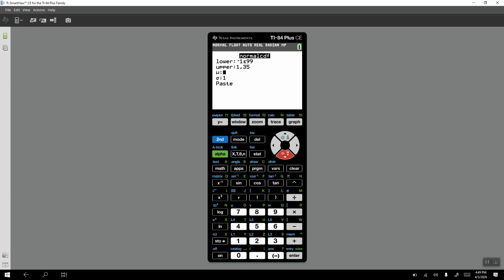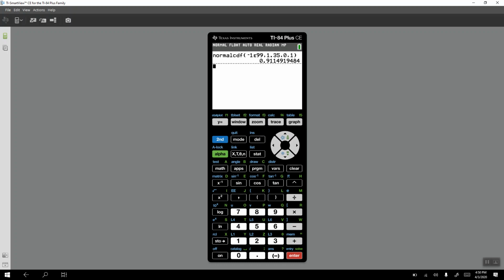The mean we were using was the standard normal distribution mean, which was 0, with standard deviation 1. All we do is press enter, and it automatically enters all the information I need. It says normal CDF: you want the left end to be a really large negative number, you want to stop at 1.35, you have a mean of 0 and a standard deviation of 1. We press enter, and voila.